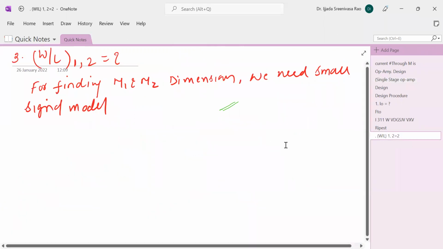So I am going to draw the small signal model. See, this is plus minus V in, and there is a current source whose value is GM2 into V in. Okay, and there is a resistor.